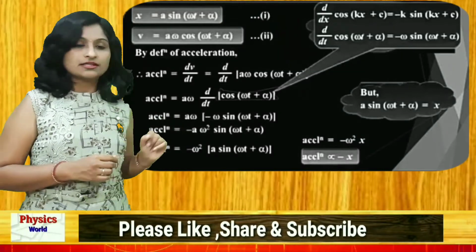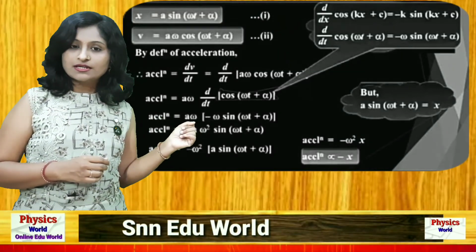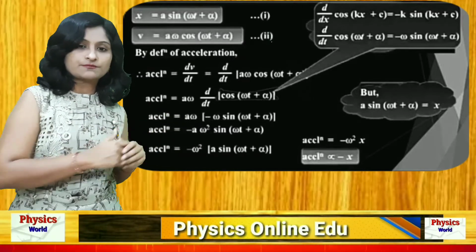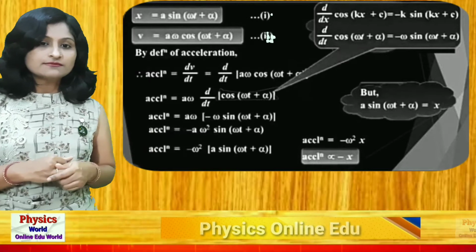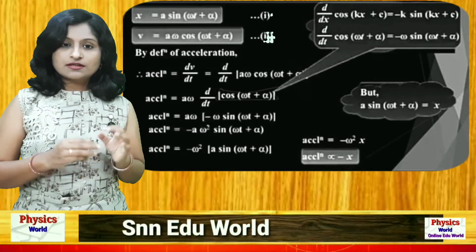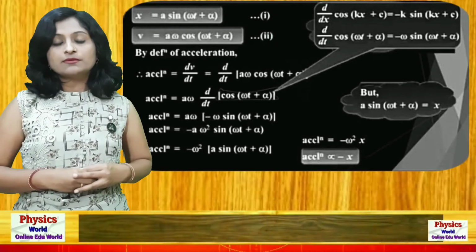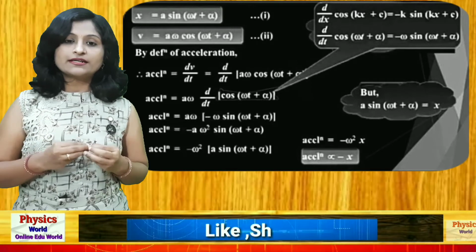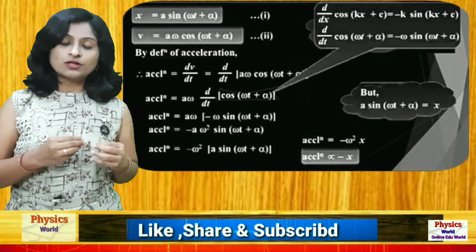So acceleration is equal to minus omega square, and in place of the complete A sin(omega t plus alpha) we substitute the displacement x. So what is the acceleration? Minus omega square x. This is nothing but the expression for the acceleration of the particle which performs simple harmonic motion.